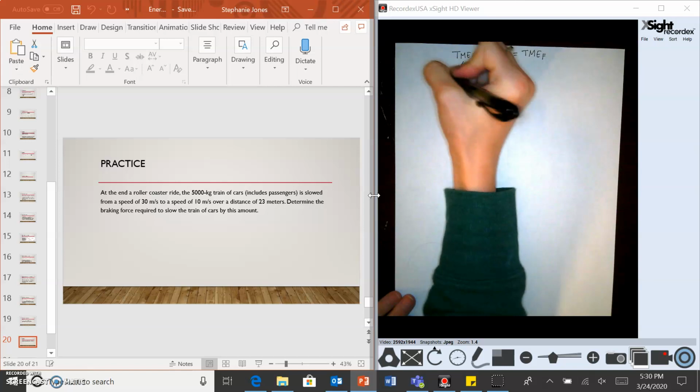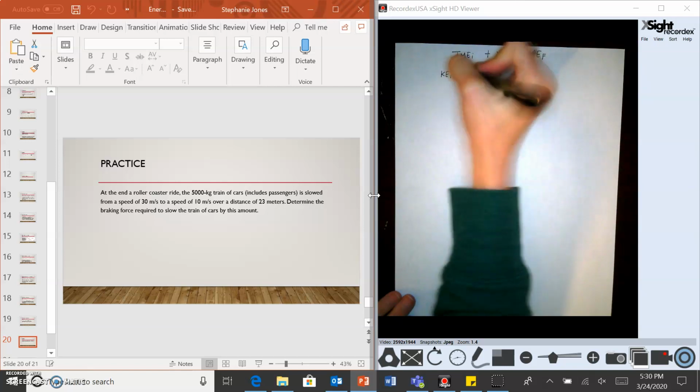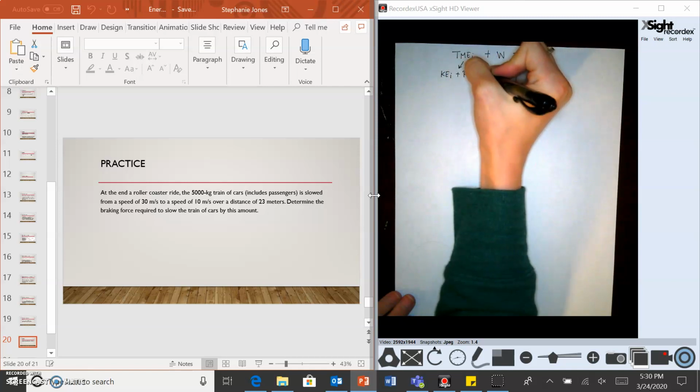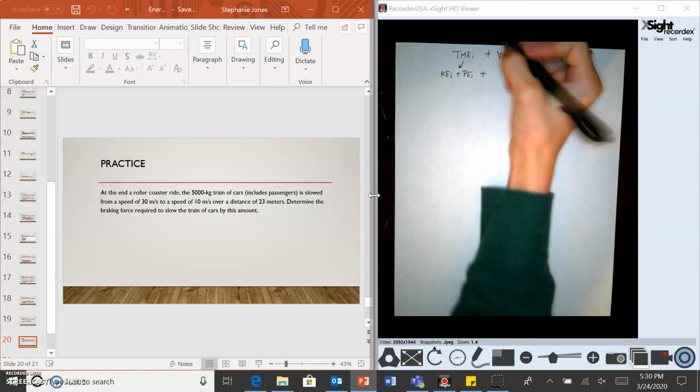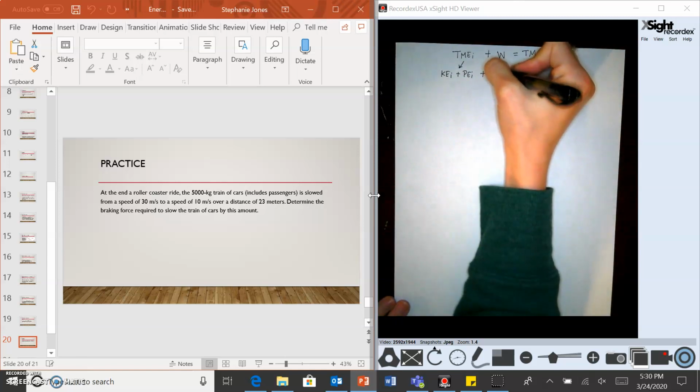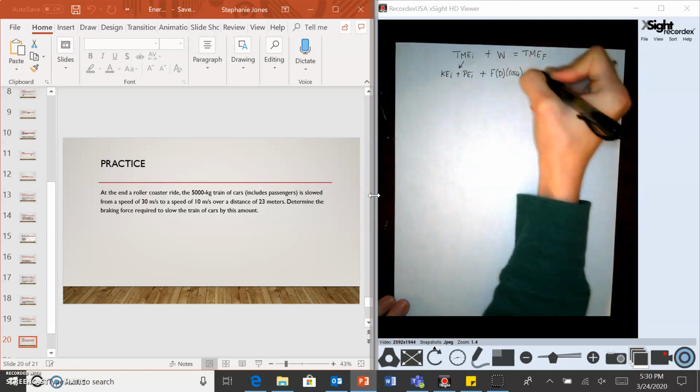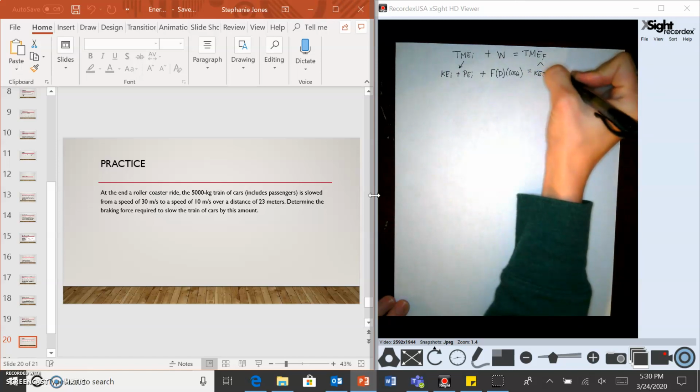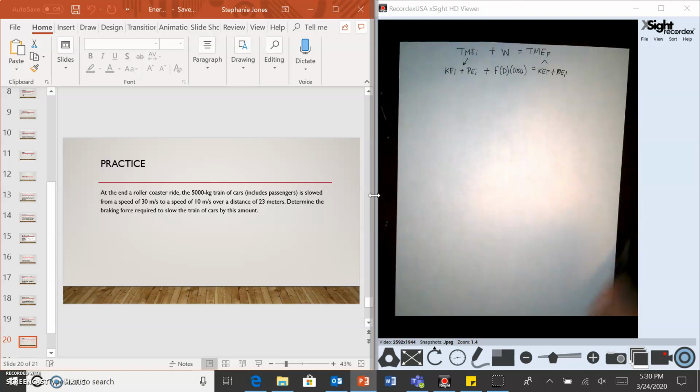So this is KE, kinetic energy initially, plus potential energy initially, plus work, which we know as force times distance times cosine. And that's going to equal KE final plus PE final. So we broke that into what we want to find.